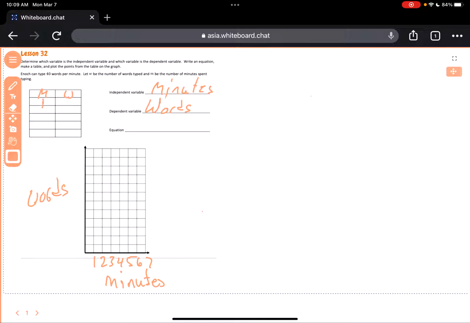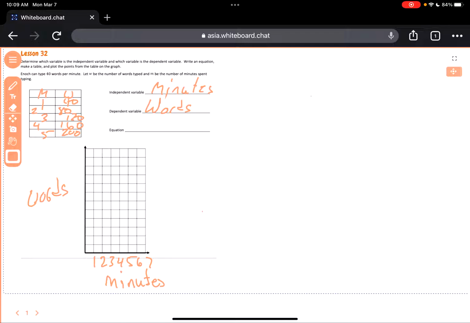So for 1 minute, he types 40 words. In 2 minutes, he can type 80, 3, 120, 4, 160, 5, 200 words in 5 minutes. So how are we going to graph this?